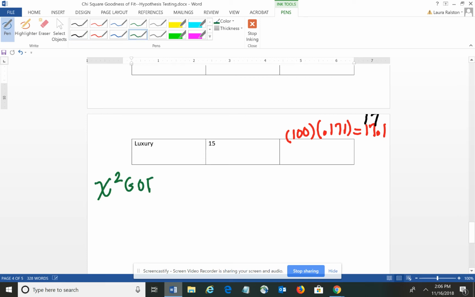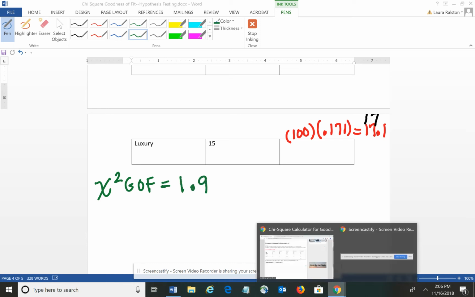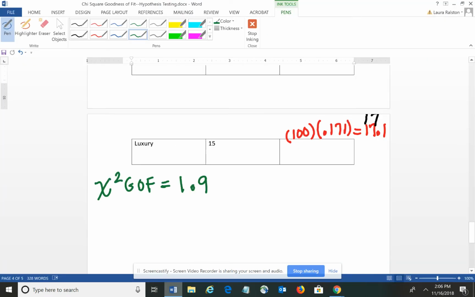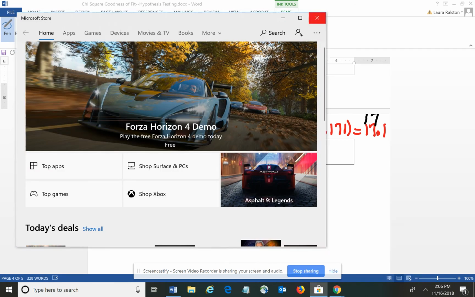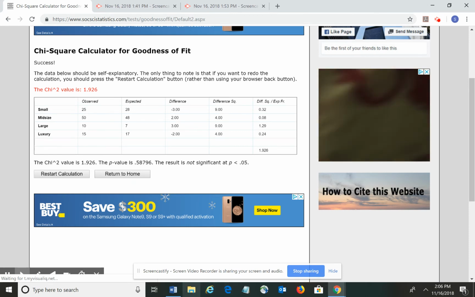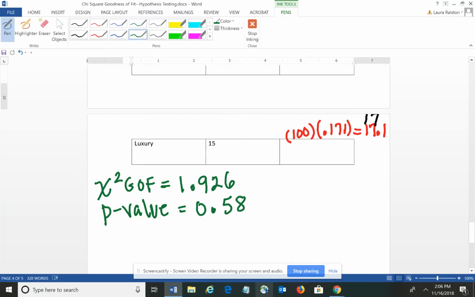So we can record that on our paper. The chi-square goodness of fit is 1.926. The corresponding p-value is 0.58796.